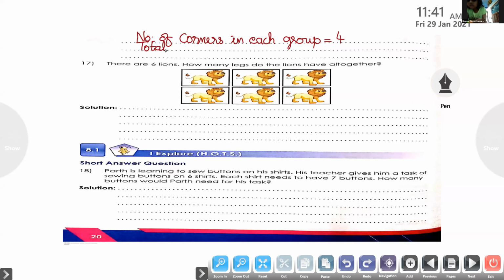No. Total number of corners. Total corners is equal to which number is to be repeated? 5. Which number? First, which number do I have to write over there?